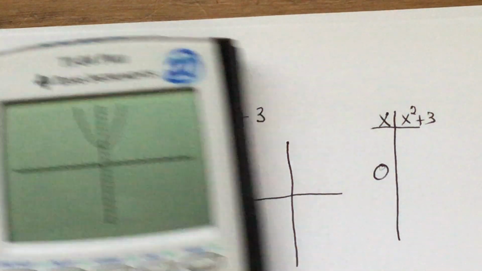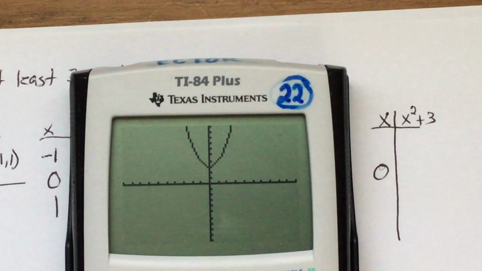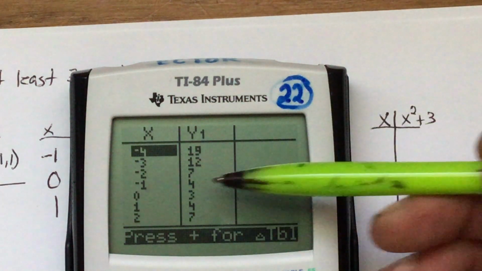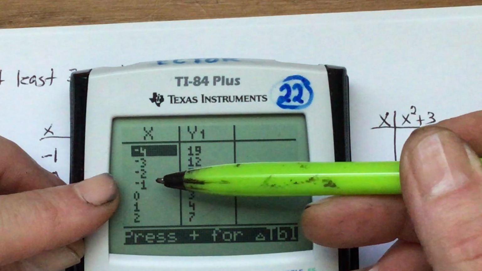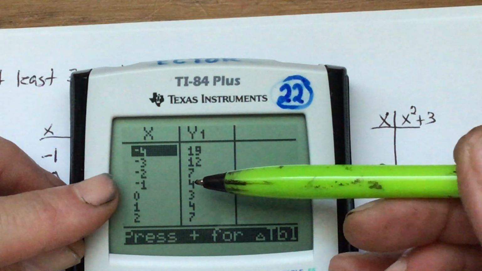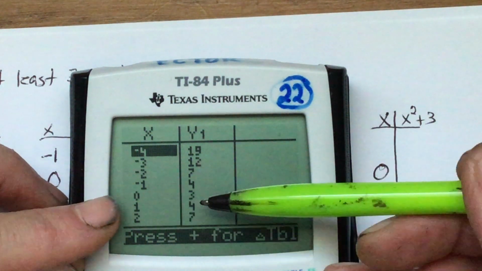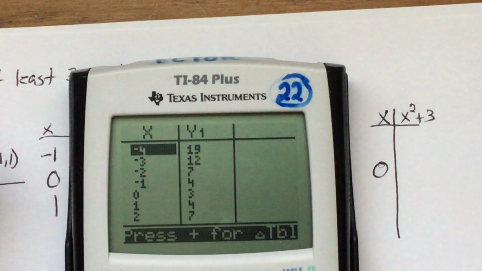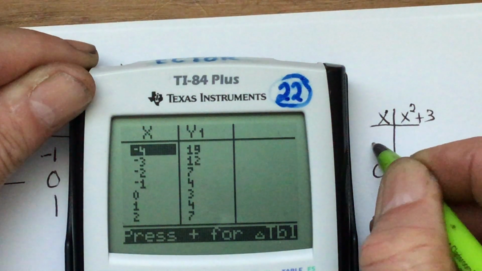Now I need a number that comes before that and a number that comes after. So second graph. All right, looky here what happens again. -1 gives me 4, and 1 also gives me 4. I think I'll use those.